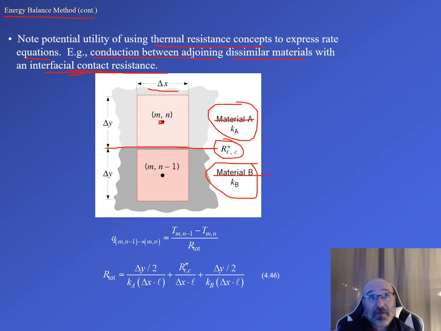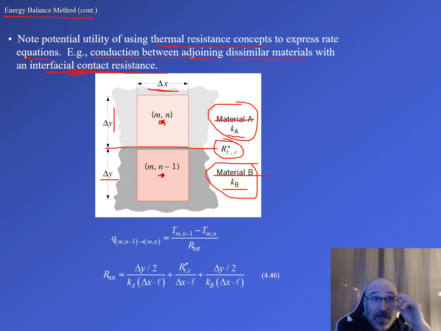It's got some width, delta x, and some height, delta y. We have another node down here with those same delta x, delta y dimensions, and this is now our m comma n minus 1 as we're going down in that y direction. But now you can see that this node is purely in material B and has our thermal conductivity k sub B, and this node is purely in material A and has our thermal conductivity k sub A.